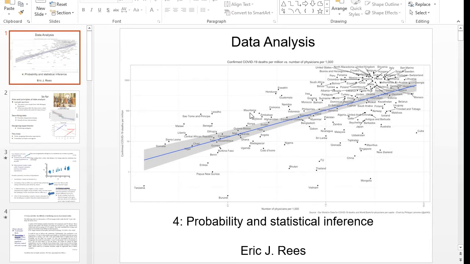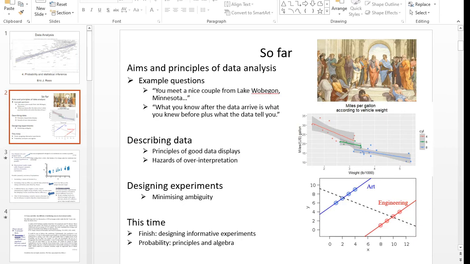We looked at that last time, and what else did we say last time? We were designing experiments basically to minimize ambiguity of this sort, preferably, if possible, by doing prospective experiments in which you have randomized controlled trials, so that all other things where possible, apart from the one thing you're varying, do average out to be the same in each of the cases that you're looking at.